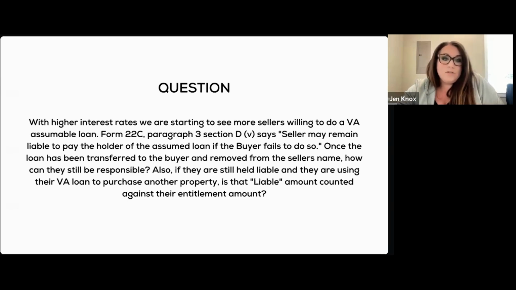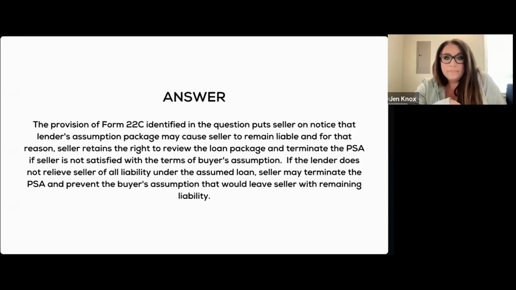Once the loan has been transferred to the buyer and removed from the seller's name, how can they still be responsible? Also, if they are still held liable and are using their VA loan to purchase another property, is that liable amount counted against their entitlement amount?